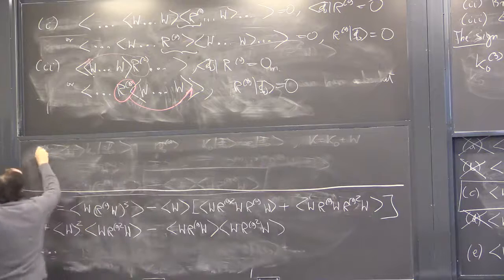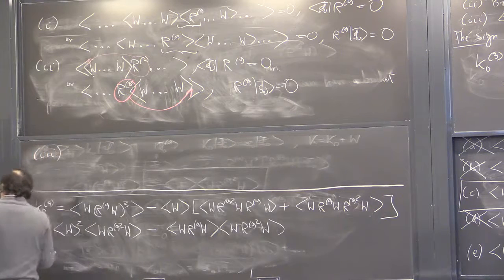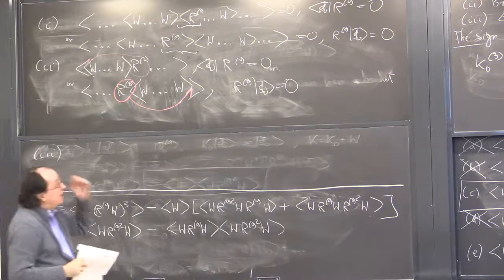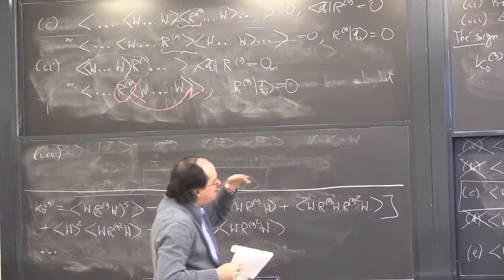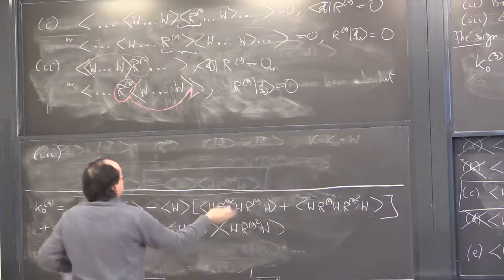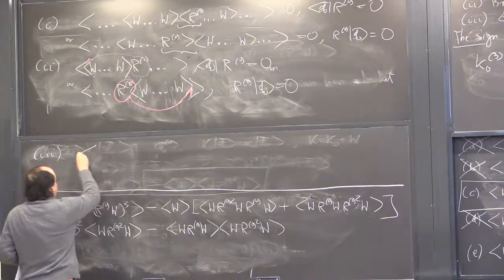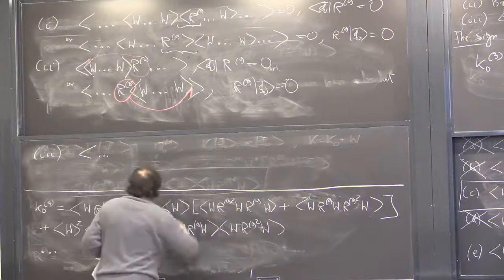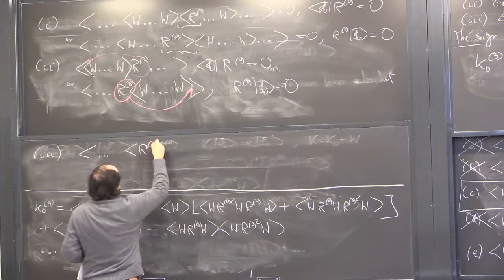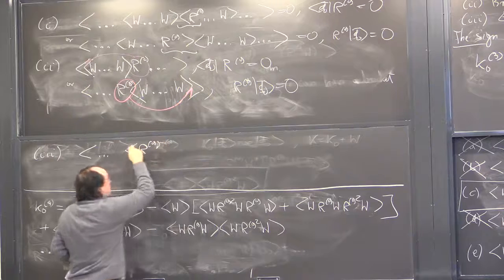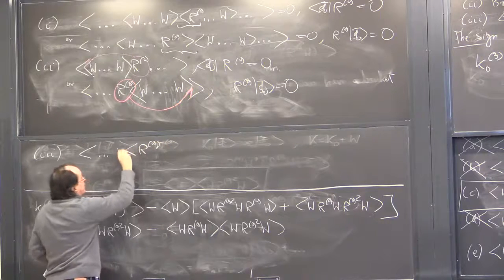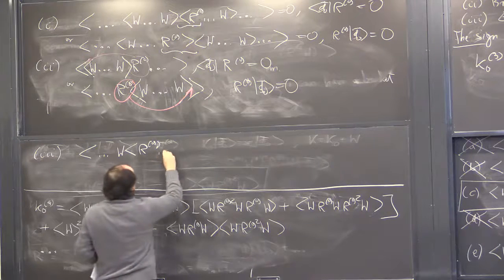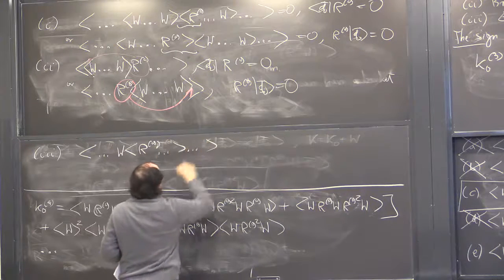So rule 3 is related to the fact that if you try to violate it, you would have a situation where you have, say, R0. If you didn't have W in our expression, you would have to do this. And then it doesn't even matter what the rest of the expression is.